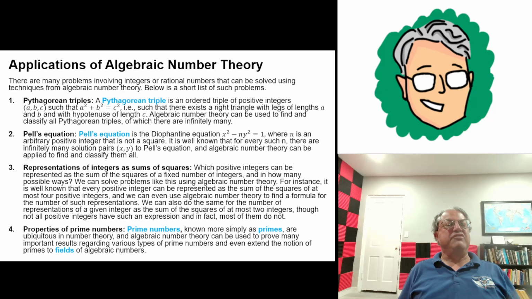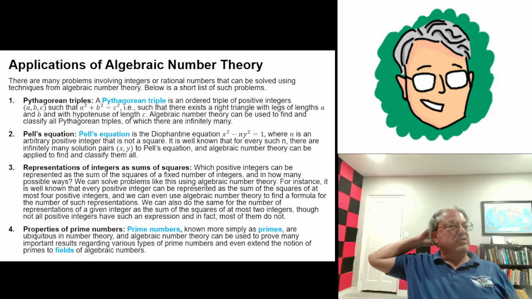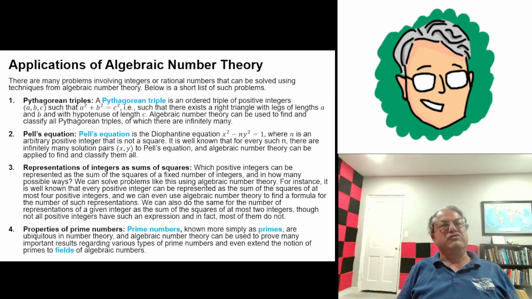You probably know about Pythagorean triples. A Pythagorean triple is just a triple of integers a, b, c, where a squared plus b squared equals c squared. They're named after Pythagoras, who supposedly proved the Pythagorean theorem. I think it was actually proven way before him, but he got credit for it.